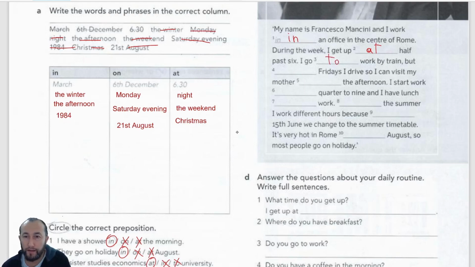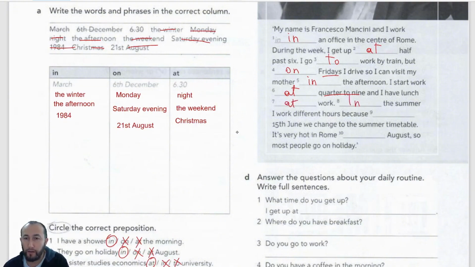But on Fridays, so we talk about days, so we say on. But on Fridays, I drive so I can visit my mother in the afternoon. In the morning, in the afternoon, in the evening. I start work at 8:45, so we use at with times. And I have lunch at work.